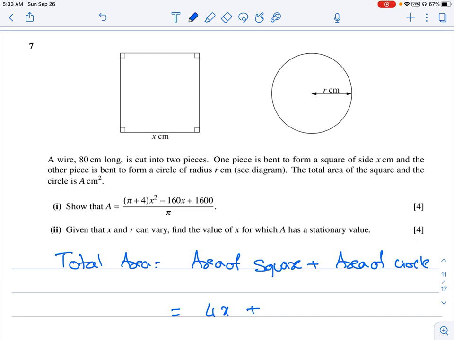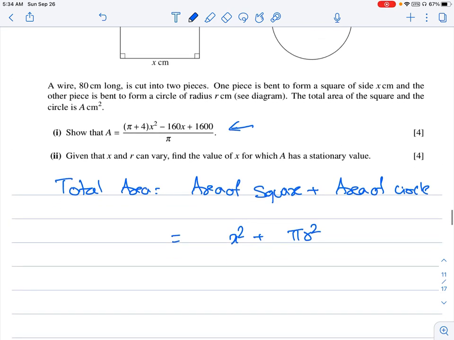Area of a square is not 4x, it is x square, and area of a circle is pi r square. So x square plus pi r square is the total area. But when we see the question, we don't have r in the answer. So we have to find the value for r and substitute back into this formula.